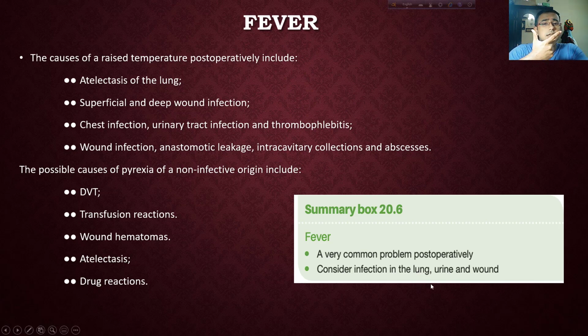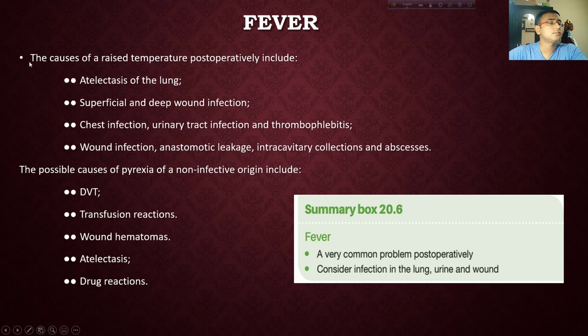Urine: is there adequate urination, or any pain or problem in the bladder? And the wound side: is there any infection, redness, swelling or pain? So in these three areas we will find whether infection is present.